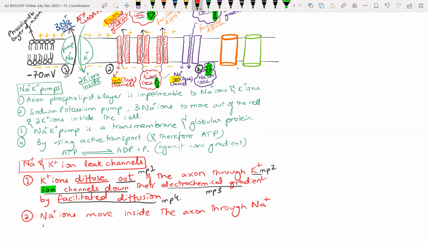Sodium ion leak channels, if you like, down their electrochemical gradient by facilitated diffusion.